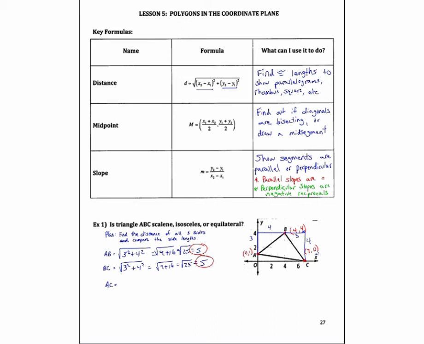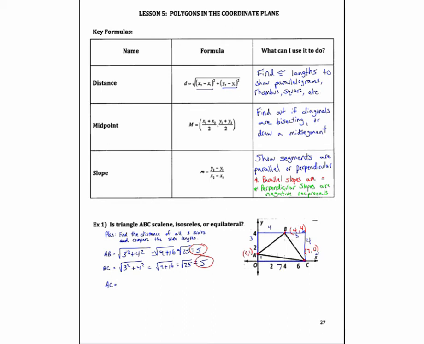Now, just looking at AC, it doesn't look like that's going to be the same, but again, I use the same strategy of sketching down and sketching over. So that appears to be going down 1 unit, and from 0 over to 7 would be a distance of 7.